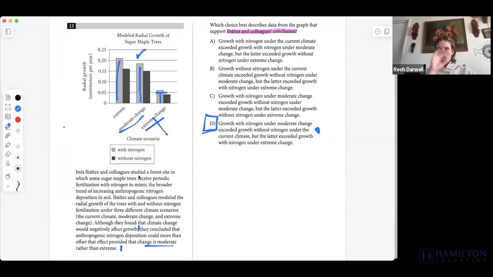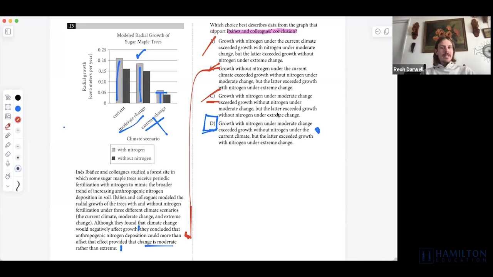We want to make sure we avoid answer choices which might say something along the lines of something like this, right? So if this were true, some of these, if they were true, might support the claim or the conclusion made by Ibanez and team.